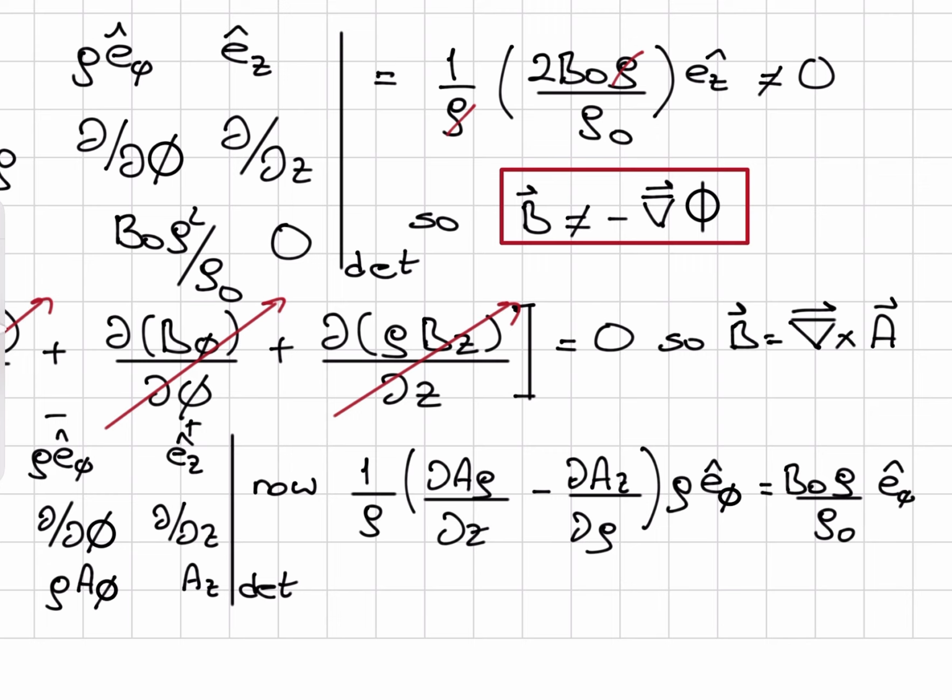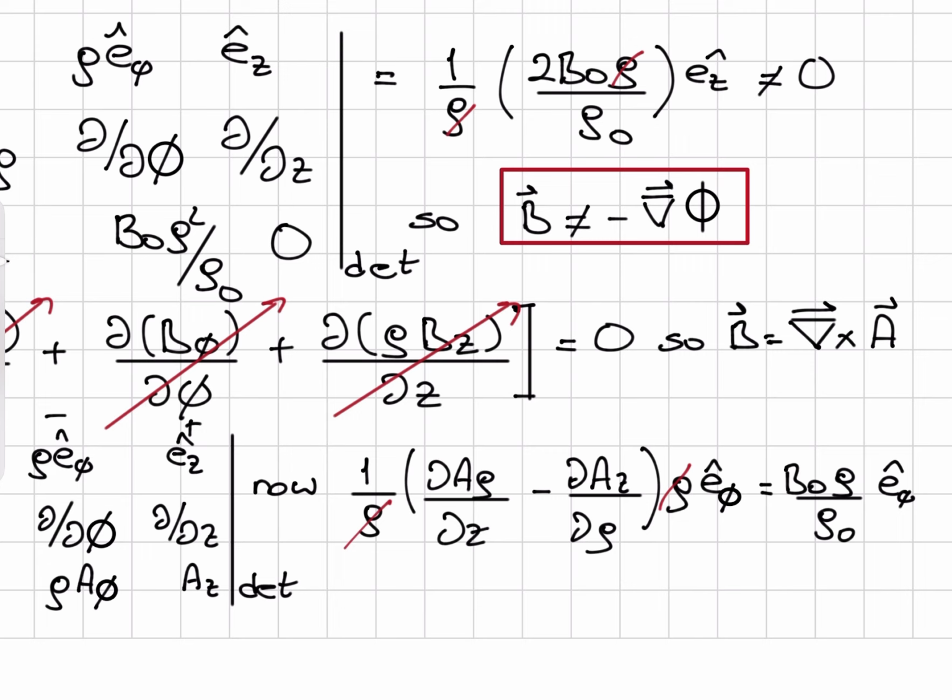I see that these two rows will cancel out, and I have del A rho del z minus del Az del rho equals B0 rho over rho 0.